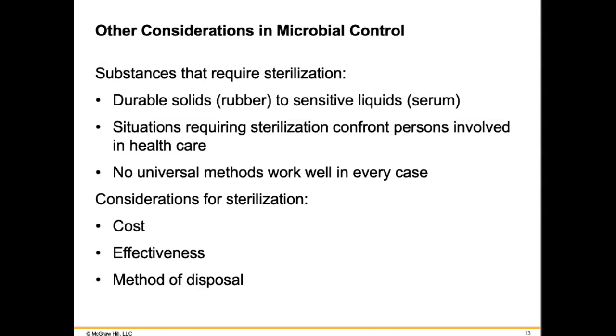There are no universal methods that we can use because some instruments are fragile and can melt in the heat. So it just depends on what we're trying to sterilize. Other considerations are cost, the effectiveness of the sterilization, and then the method of disposal.